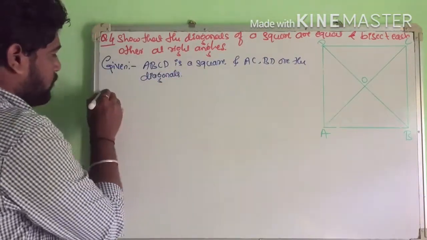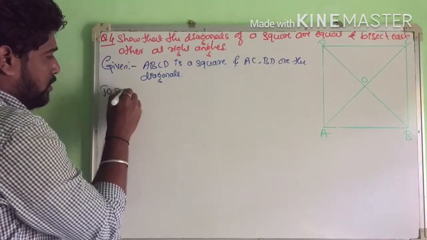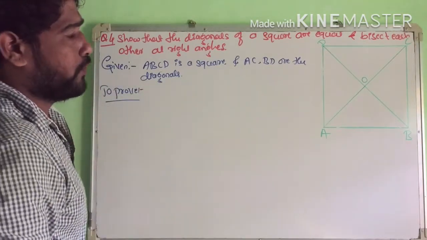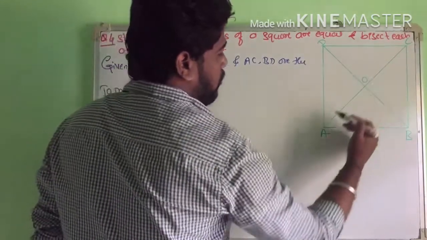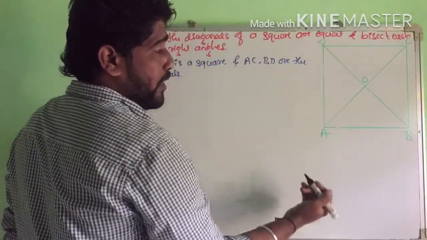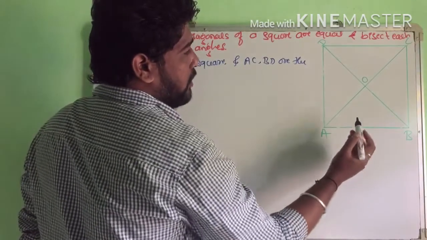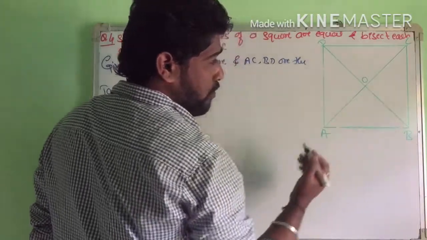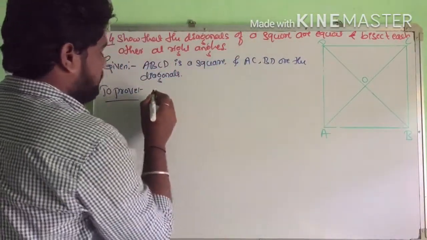To prove: here we want to prove the diagonals are equal, meaning AC is equal to BD, and the diagonals bisect each other at a right angle, meaning AC is perpendicular to BD. Is it clear?